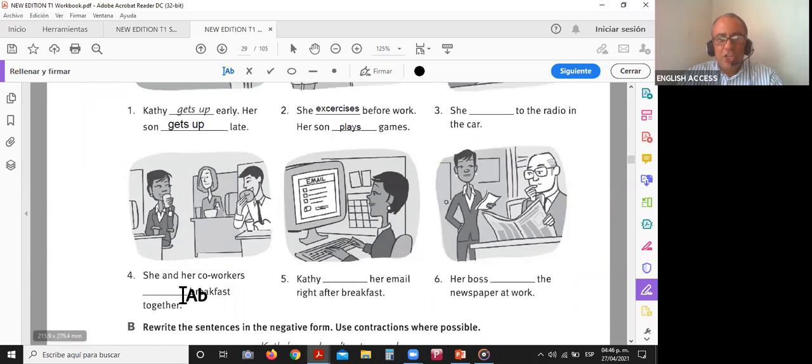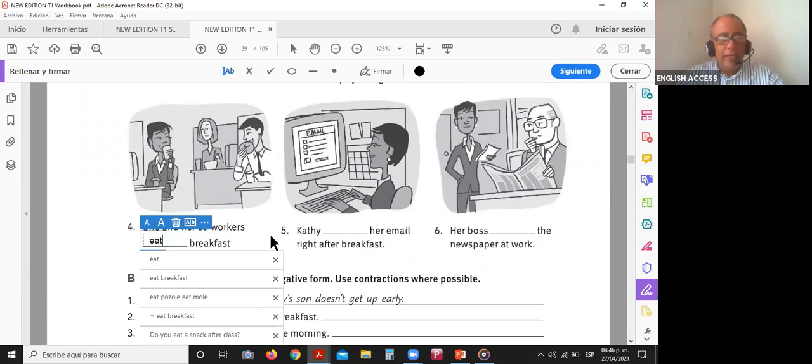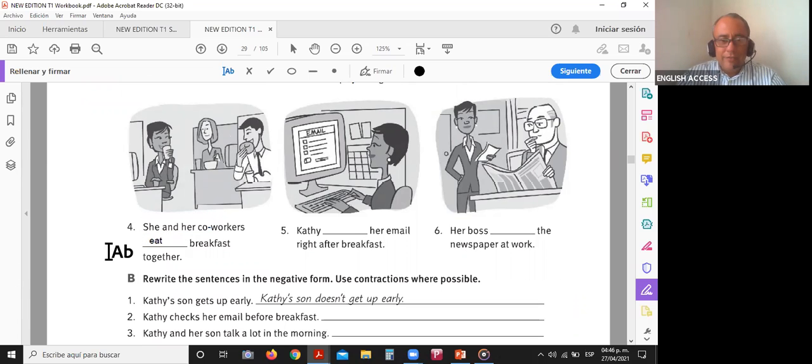Number four, she and her co-workers eat. Only eat, because they are three people. This sentence is talking about the three of them. They, not he nor she, they. So she and her co-workers eat breakfast.